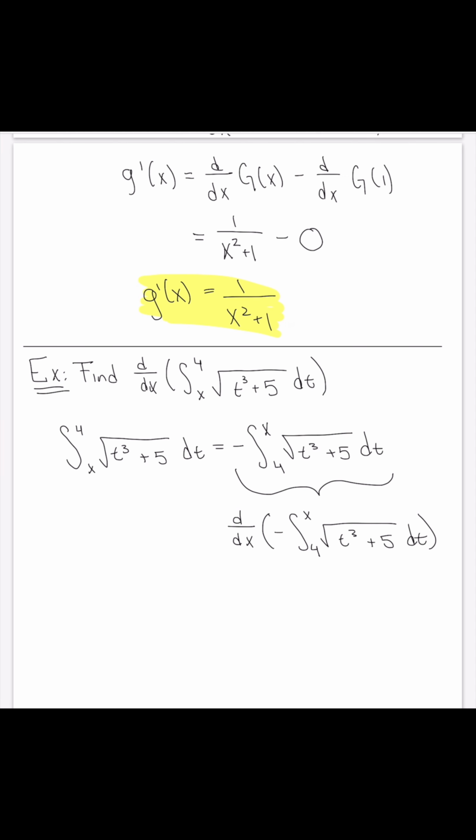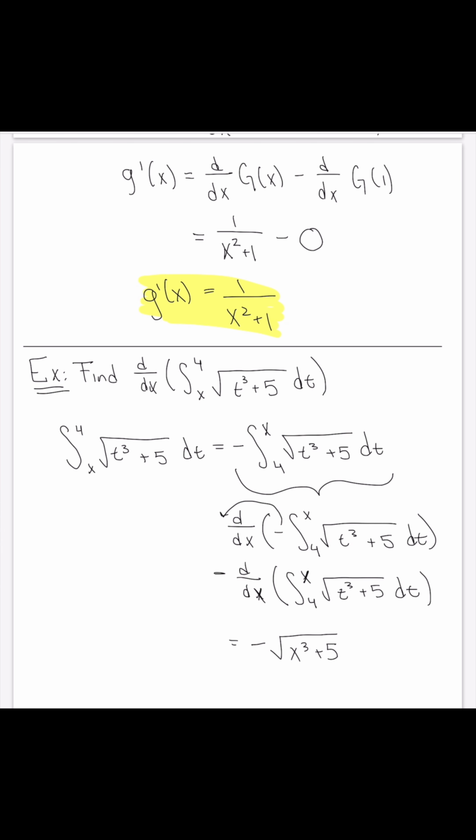And remember, we can pull constants out of a derivative. So this becomes negative d/dx. Then we have it in the form that we want, where the lower bound is a number and the upper bound is an x, and we're taking the derivative with respect to x. So this just becomes negative the square root of x cubed plus 5. So that's the final answer for that one.